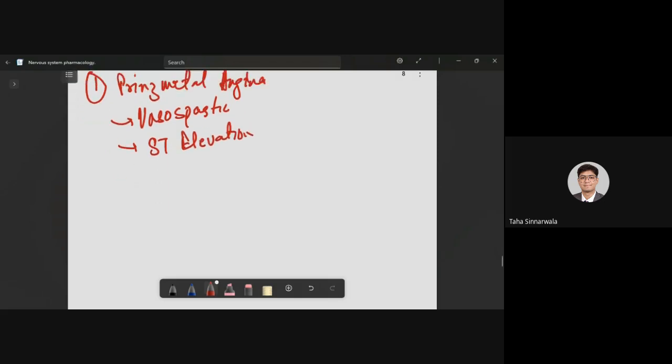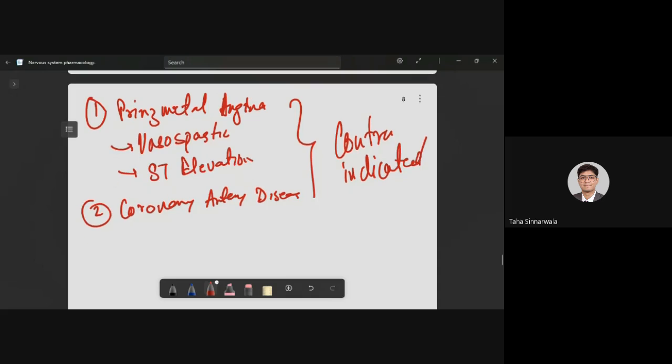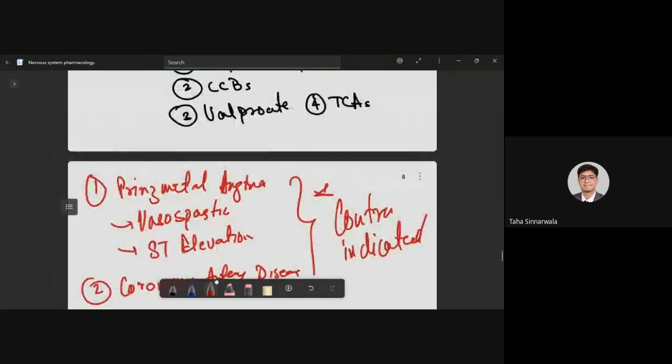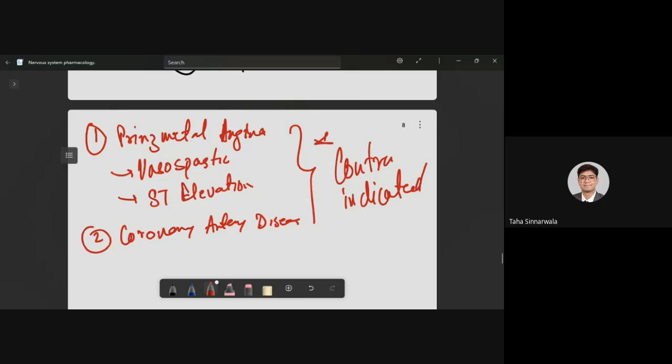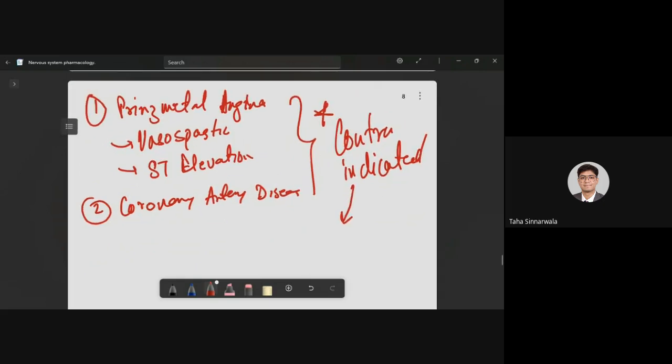Perfect. And then the second condition is actually coronary artery disease. Let me just write contraindicated. Do not give these medications, triptans, for any of these. It's in red, I have a star with contraindicated. Now, do you know the reason why they might be contraindicated in Prinzmetal angina and coronary artery disease?